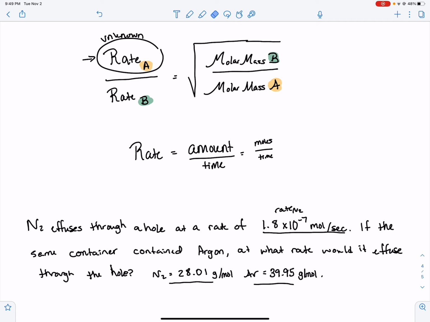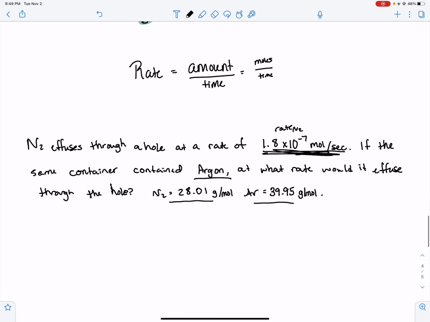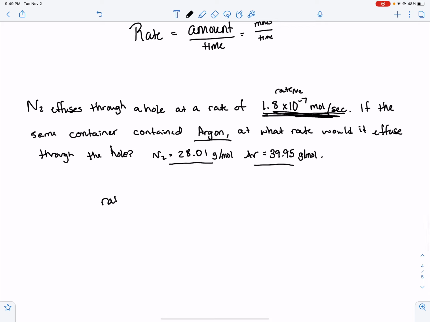So we know the nitrogen's rate. What we don't know is the argon's rate. So we'll say the rate of argon, which we don't know, over the rate of N2, which we do know, equals the square root of the molar mass of N2 over the molar mass of argon.